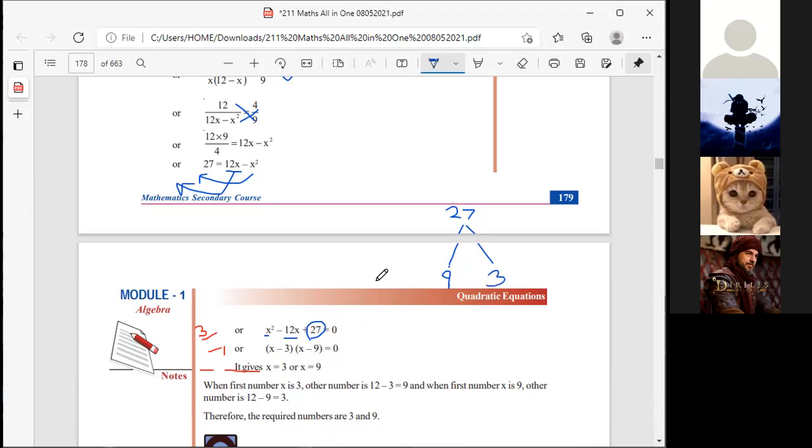Now I need a minus sign for 12, so both have to be minus, because minus 9 minus 3 is going to give me minus 12. Am I right? Do you get me till here?